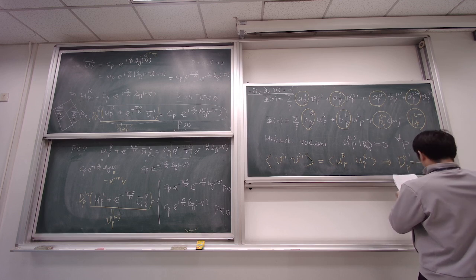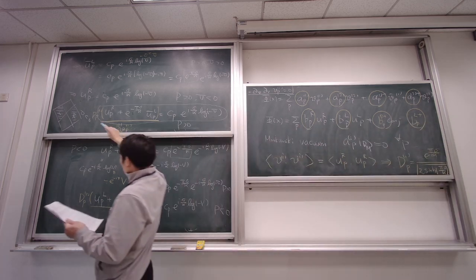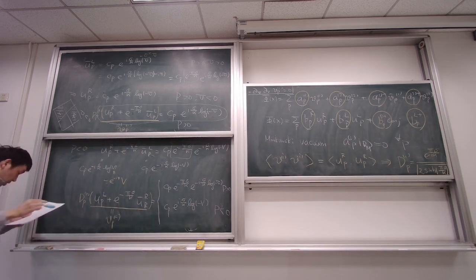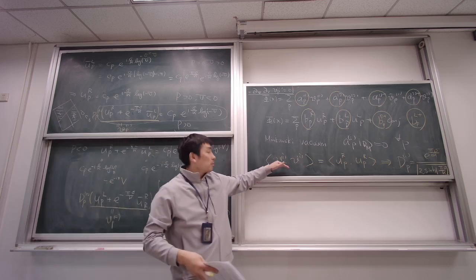I think there must be sigma here. Sorry, there's a typo here. Square root 2 sinh pi sigma over kappa.